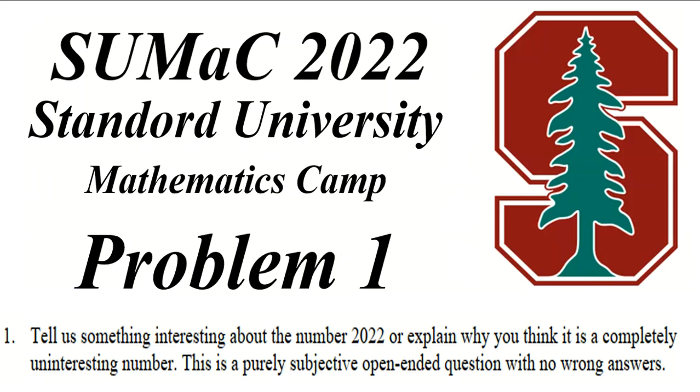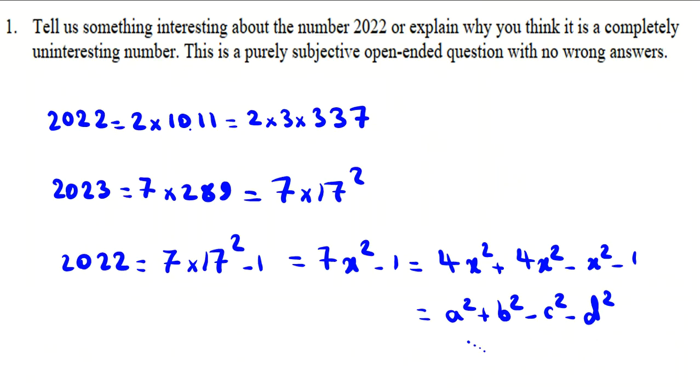So let's start with problem number 1. The problem number 1 is, as the problem says, an open-ended question. So you can say any property of this number 2022. For example, you can prime factorize the number: 2 times 3 times 337, a multiplication of 3 prime numbers. And you can say 2023 is 7 times 17 squared, so 2022 is 7 times 17 squared minus 1.